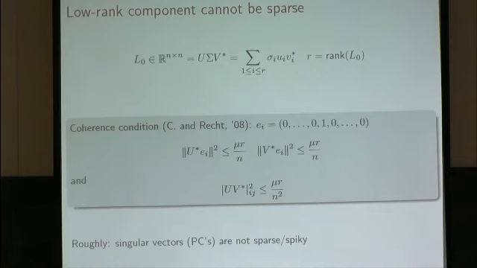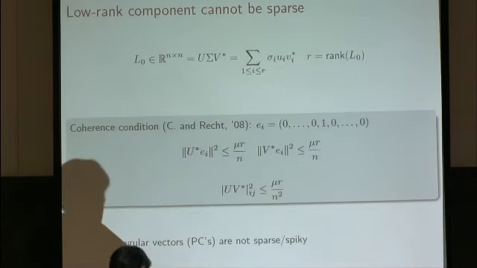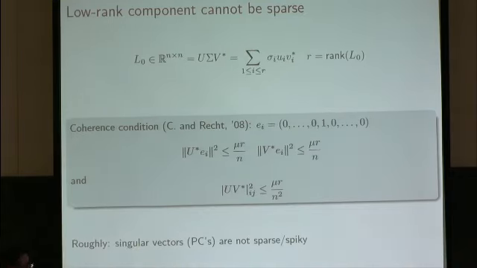Okay, so we have the low rank component, which we're going to see through its singular value decomposition, and we're going to require an incoherence condition about its column space and its row space to prevent it from being too sparse. And so we're going to introduce this coherence parameter mu, which quantifies the maximum correlation between the basis vectors and the column and the row space of the matrix.